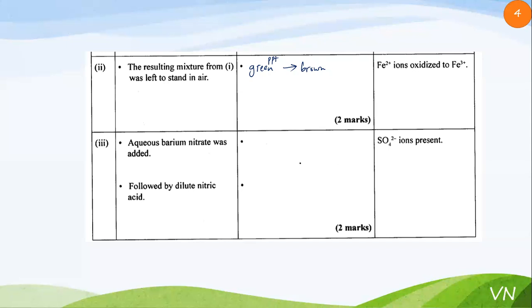All right, so I'll also say that it's white precipitate, you're correct. So we'll have a white precipitate forming. And when we add the dilute nitric acid, the precipitate will be insoluble. All right, so that is it for this fourth question here.